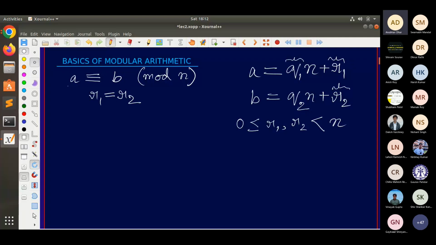So this is the definition of this. Or in other words, you can also say that A minus B is a multiple of n, or n divides A minus B, right? Please convince yourself that this definition, where R1 equals R2, is equal to this definition.